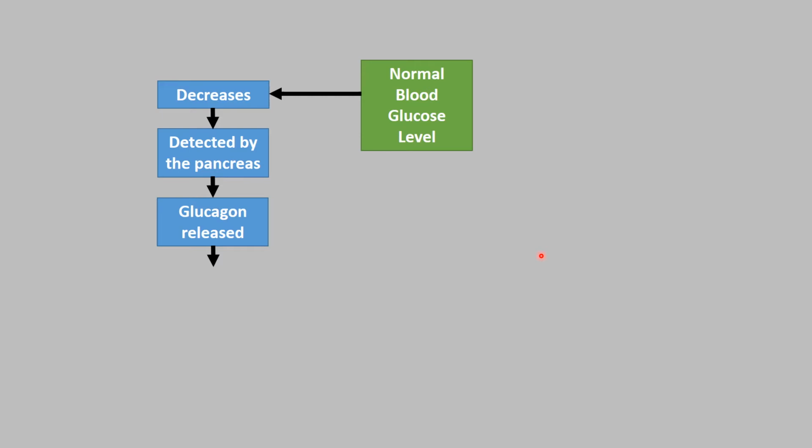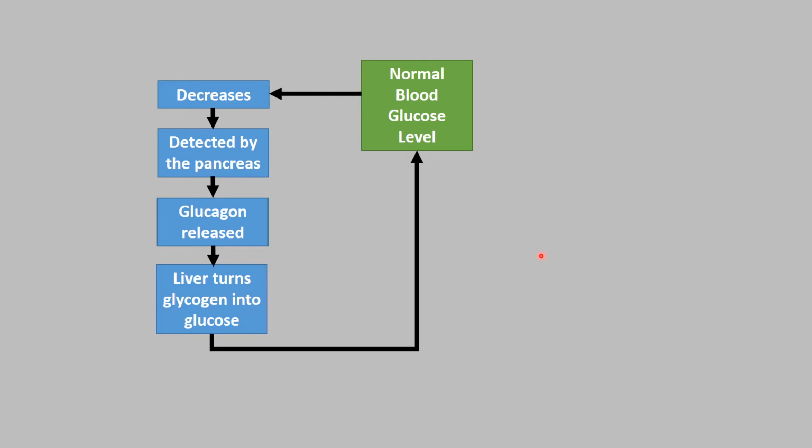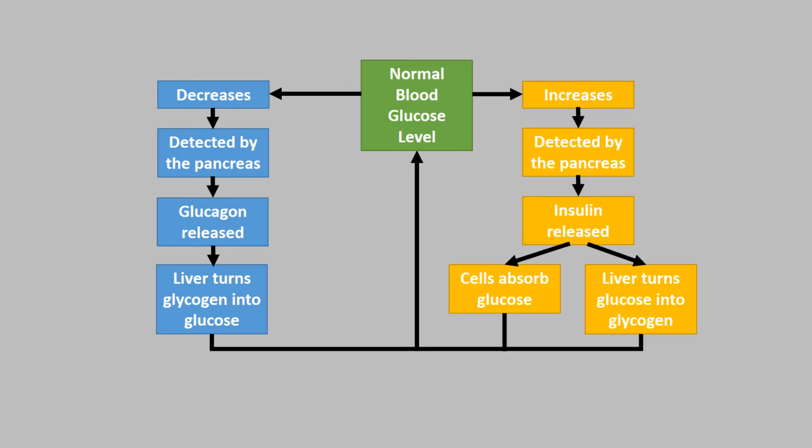It goes into the blood and travels to the liver and the muscle cells, where it causes the glycogen to be broken down into glucose and released, and so blood glucose levels increase back up to normal, which is detected by the pancreas, so it stops producing the glucagon. And again, that's an example of negative feedback, where the control brings it back to normal and then gets switched off, that kind of homeostasis idea.